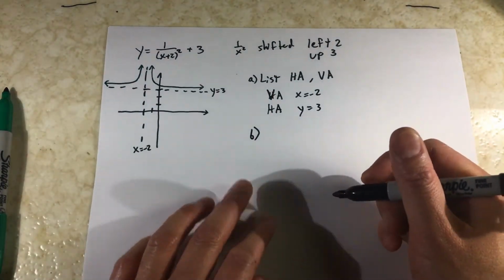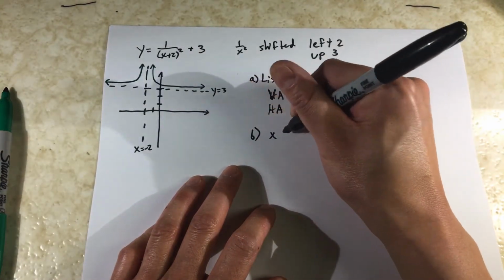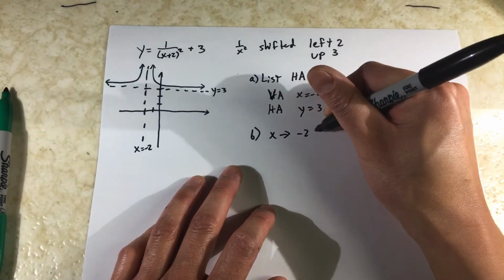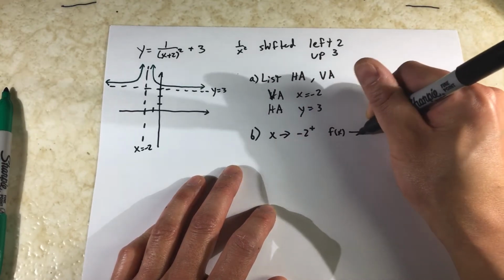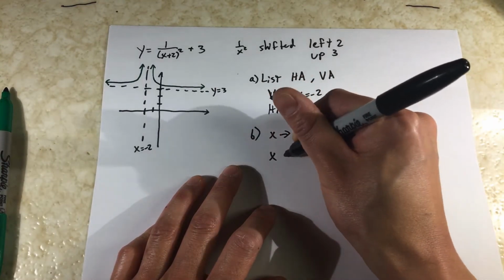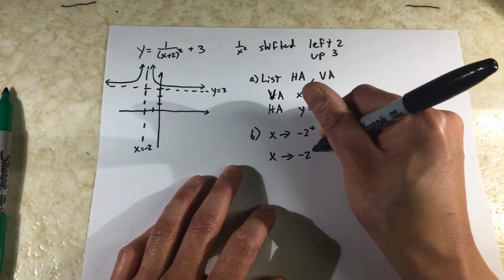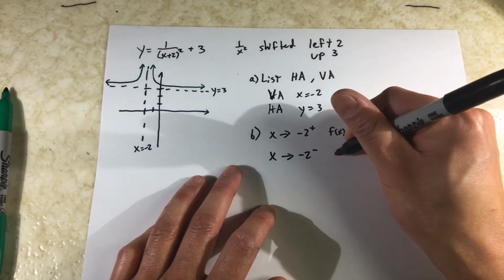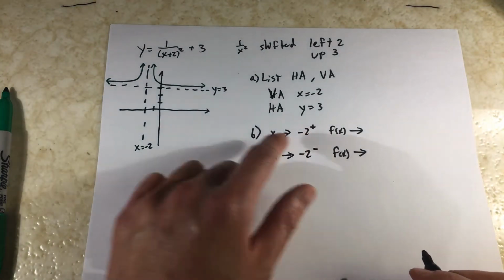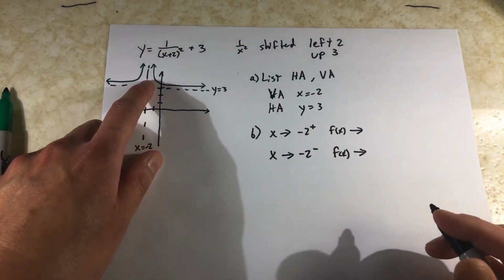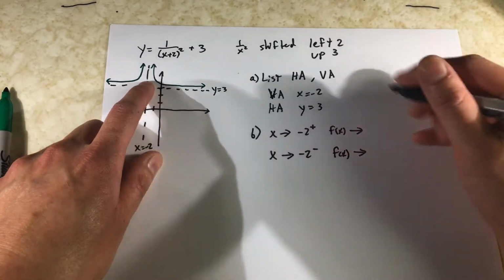And then B, you'd have something like this. x approaches -2 from the right, f of x approaches what? And then x approaches -2 from the left, f of x approaches what? All right, so what you look at is you look at this thing from the right or left. So now we're looking at it from the right.